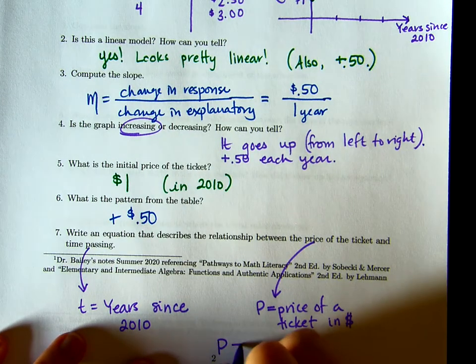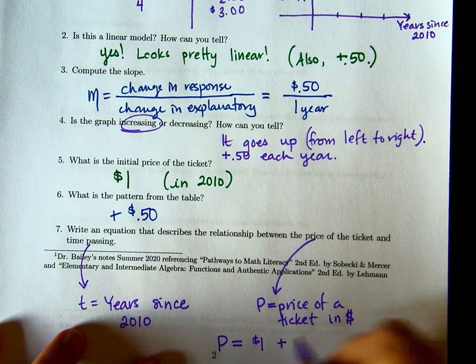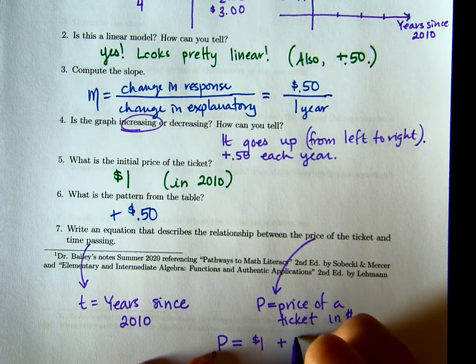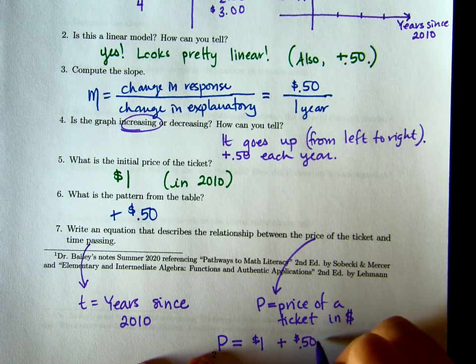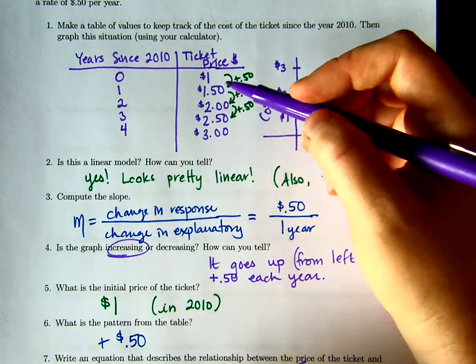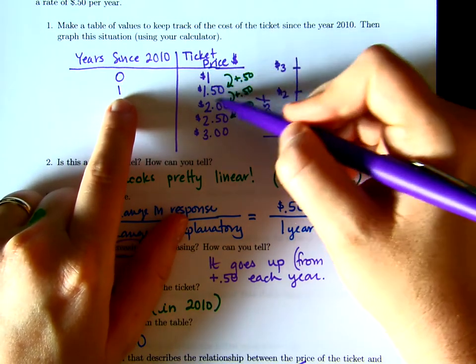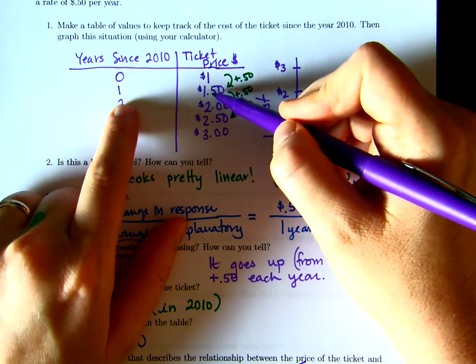The price is equal to $1 plus 50 cents is added t times. So here 50 cents is added no times to the buck. Here 50 cents is added 1 time to the dollar.